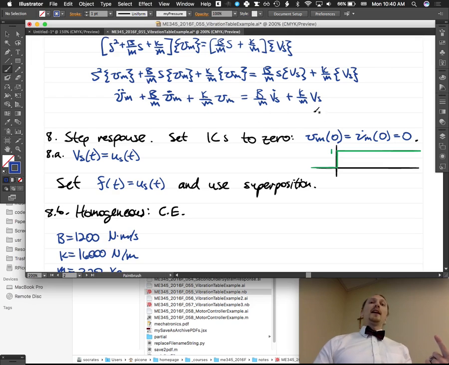Superposition also says if you have two inputs, you can do them separately and add them together. And this second input is a scaling of Vs dot, which is the time derivative of the step input. So we could just take the time derivative of the output of a step response and add them all up together.